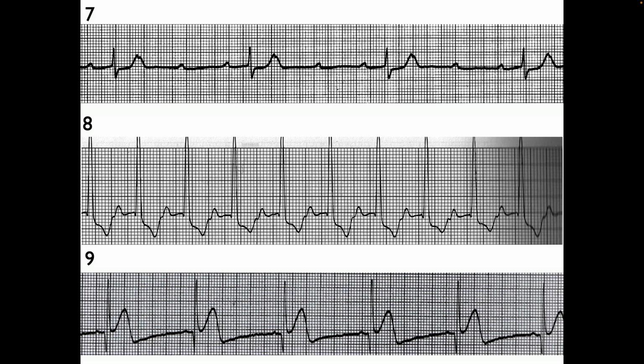There are orphan P waves present in this one. We don't know what this is yet, which is why it was kind of an unfair trick, but I'm not above that at all. We don't know what it is, but we do know enough to say it's not a first degree AV block.